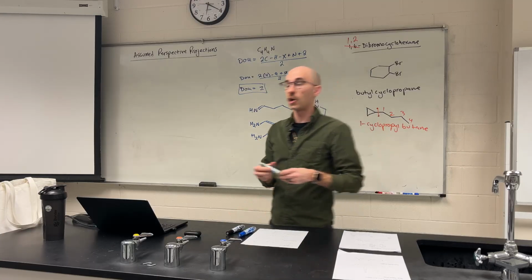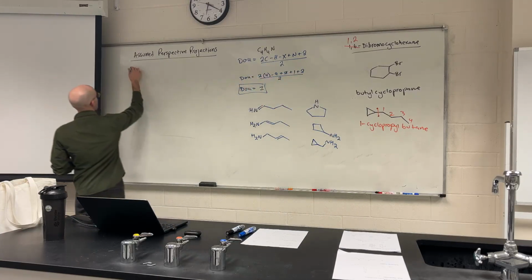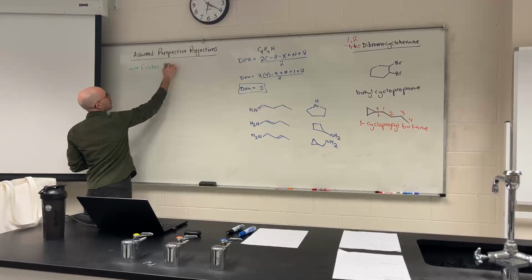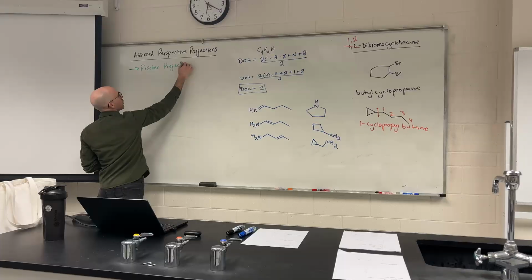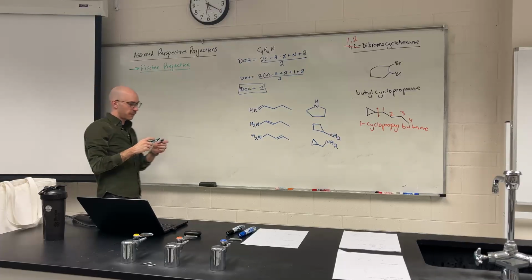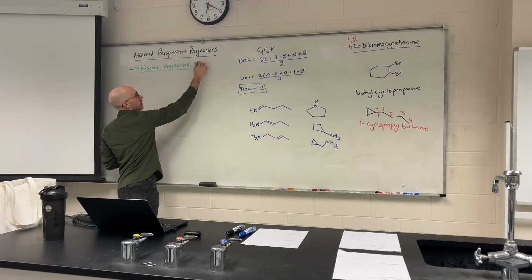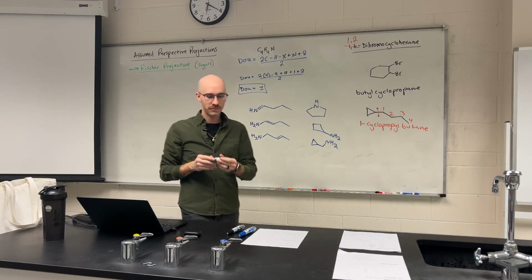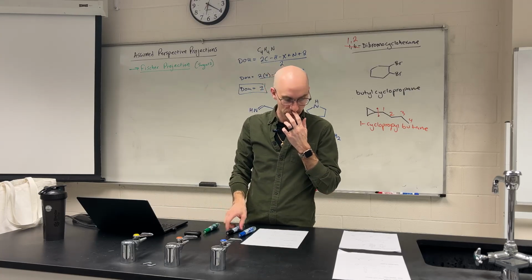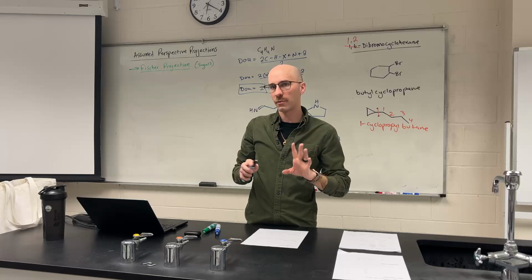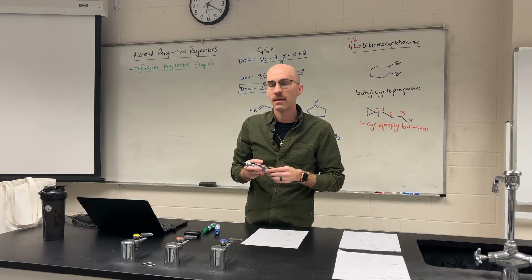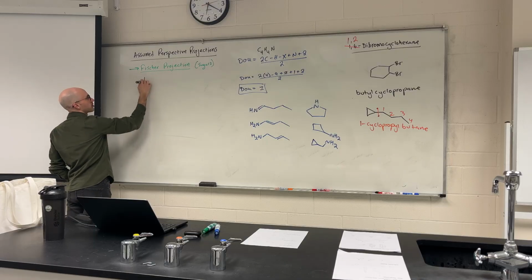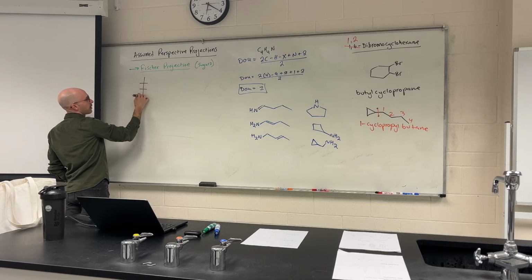The first that I like to overview is the Fischer projection. The Fischer projection is largely used for sugars, and it's rather complicated with the assumptions that it makes. In a Fischer projection, you will see this straight line carbon backbone.